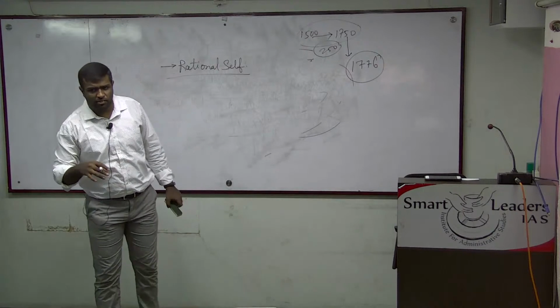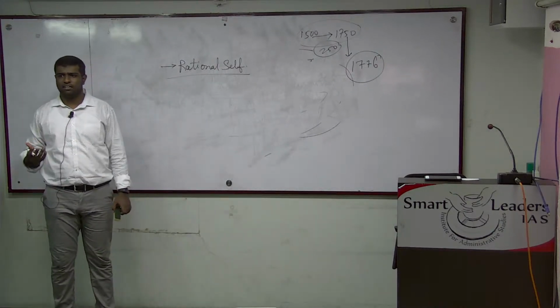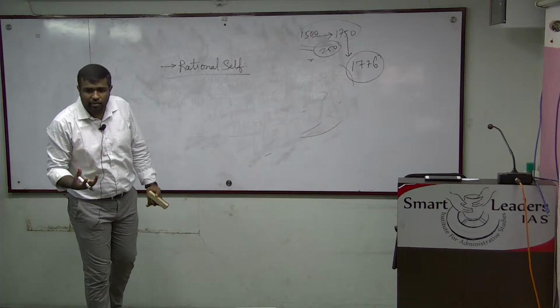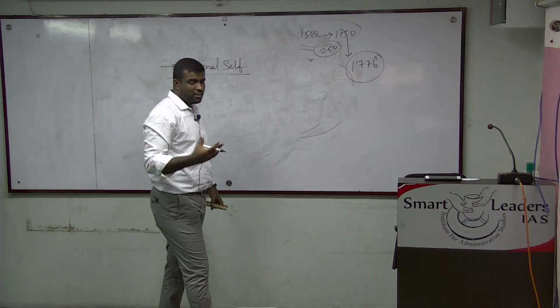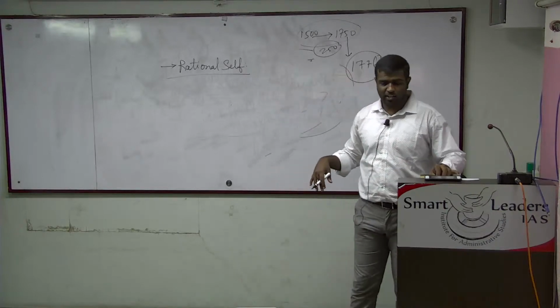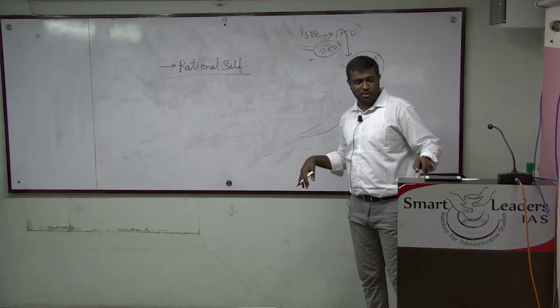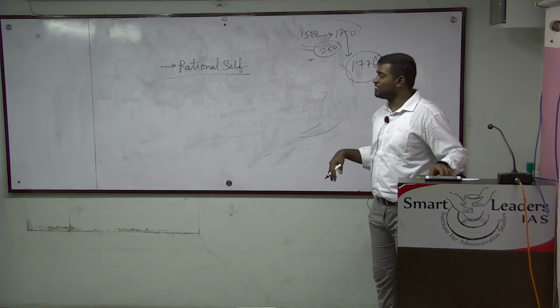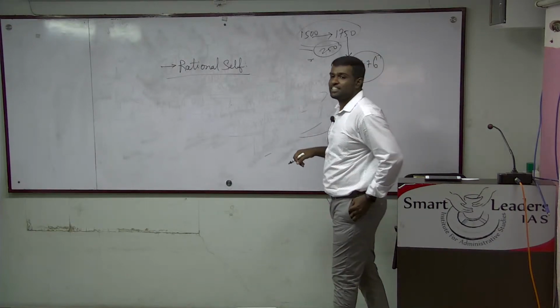Likewise, in 1776, in his book, he finds that every human being is inherently rational. They are not inherently stupid. That we can argue nowadays, because many 2K kids are stupid. Anyhow, just a joke.